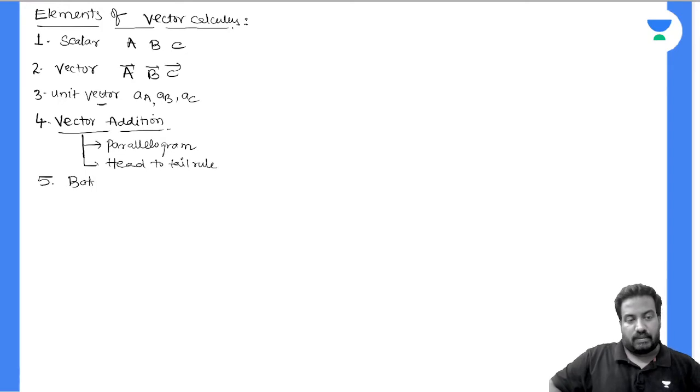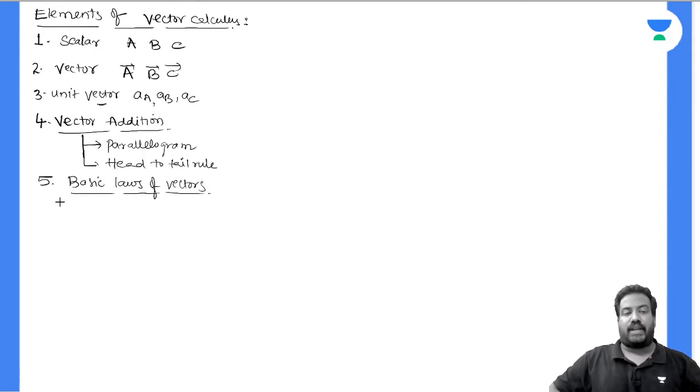Then we discussed the basic laws of vectors. What are the basic laws of vectors that you are having here?